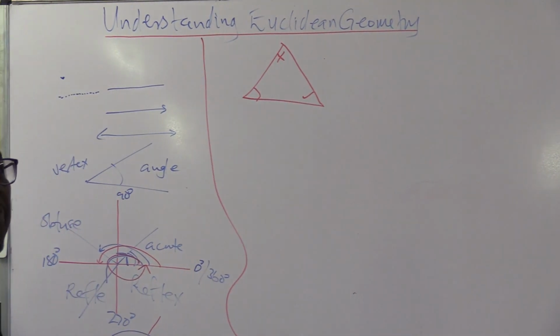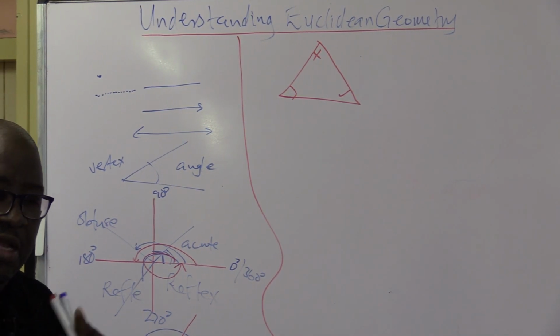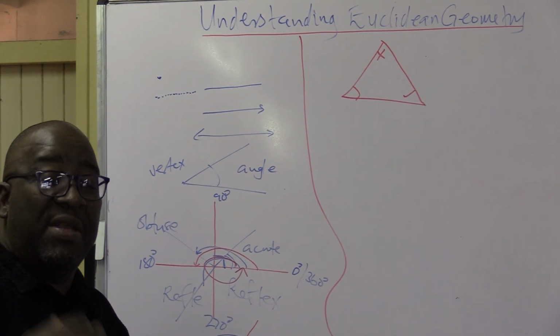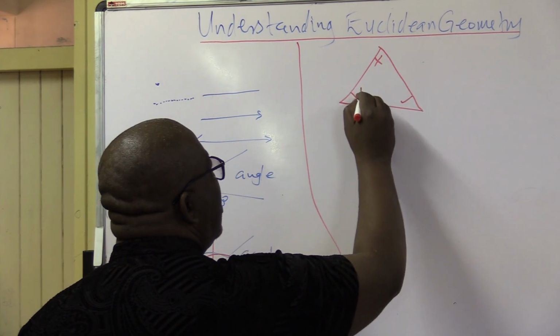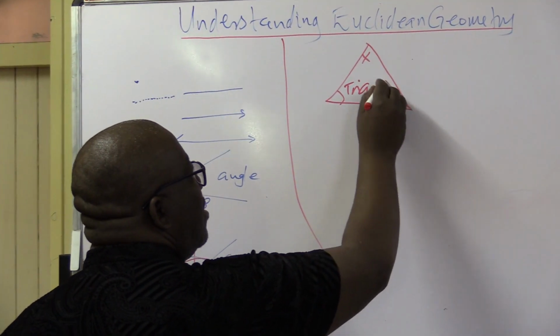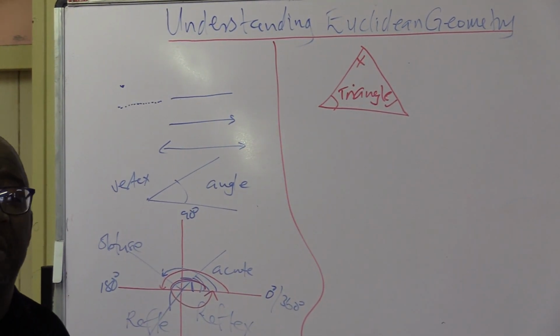We've got 3 angles. Do you know those tricycles that have got 3 wheels? We call them tricycles because tri means 3. So this is 1, 2, 3, 3 angles. So it's tri for 3 and angle. That's how this was named. It's triangle. It means there are 3 angles in that figure.